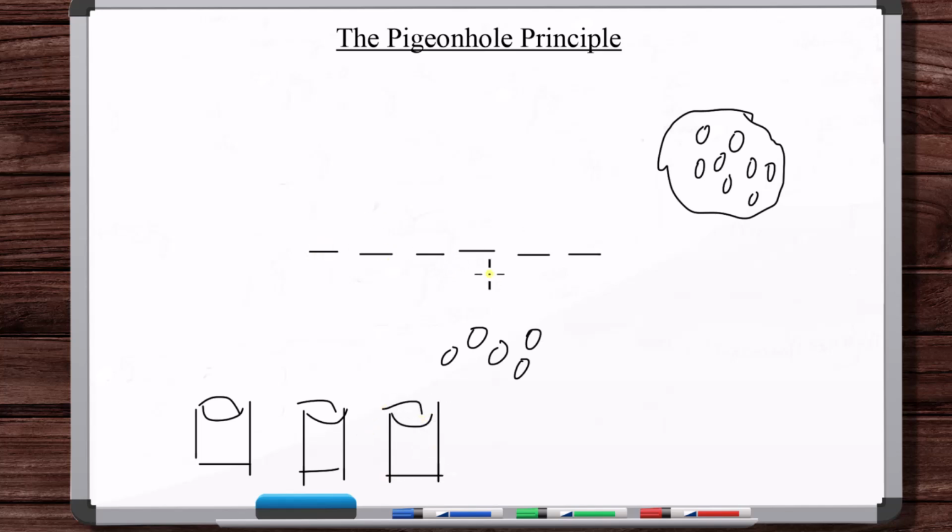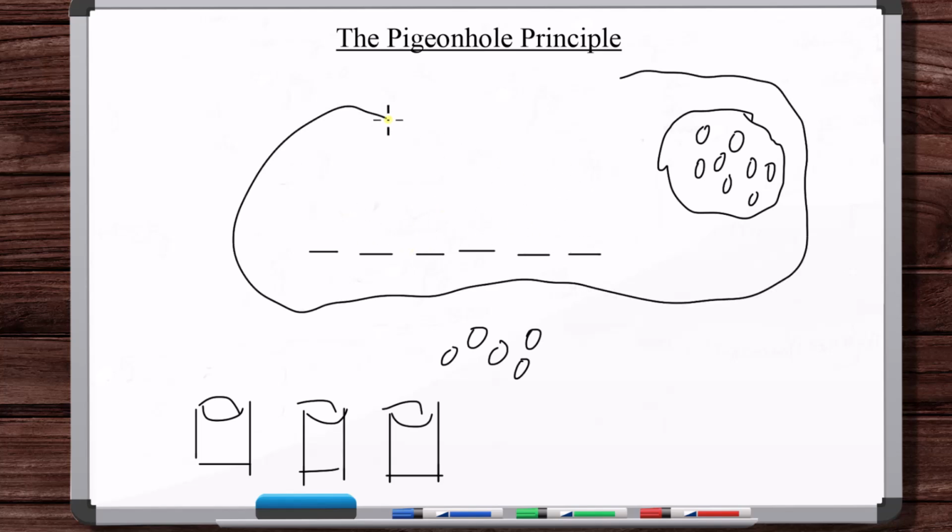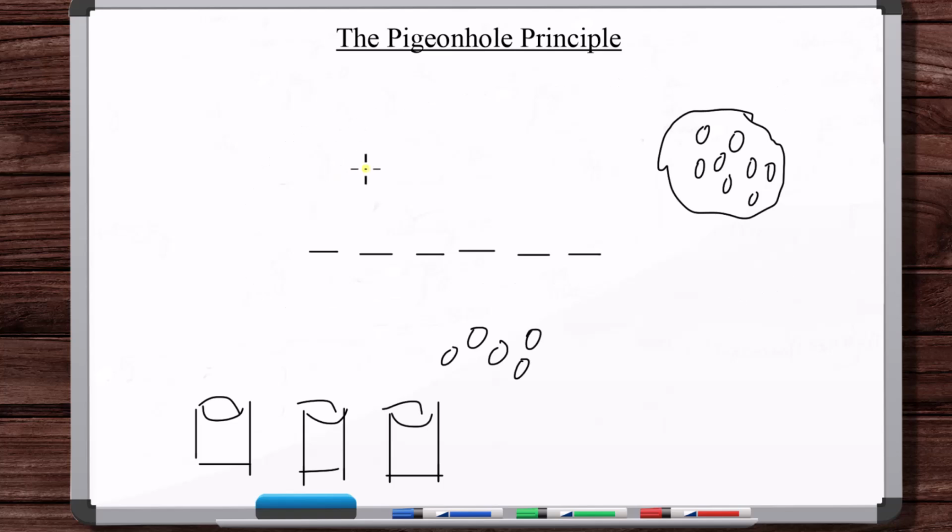Well, when you go to model this counting problem with this general model, here's the elements you're choosing from, and here's the bins. That's got to be the way you model it. Well, no. This is really confusing.